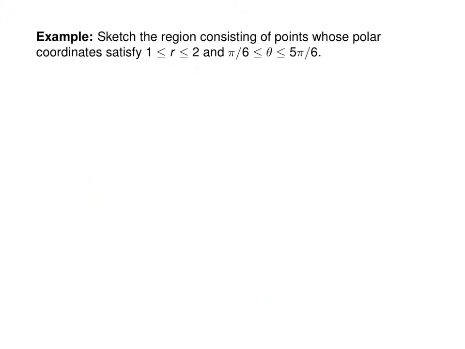Sketch the region consisting of all points whose polar coordinates satisfy r is greater than or equal to 1, but less than or equal to 2, and theta is in between pi over 6 and 5 pi over 6. So first of all, pi over 6 is somewhere over here, and 5 pi over 6 is somewhere over there.